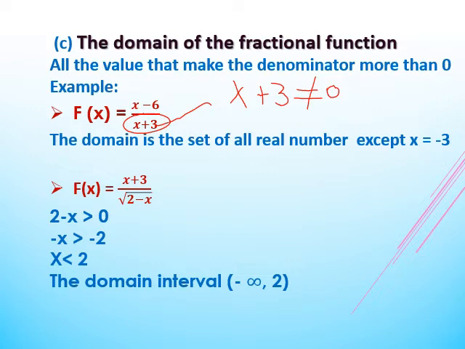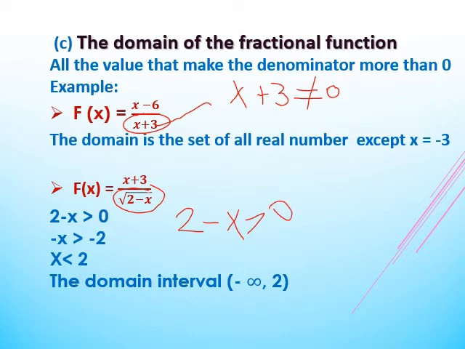If we have two cases in one example, like this one, where there is a fraction and in the denominator is a radical sign, we get 2 minus x not equal to 0, and also greater than 0.